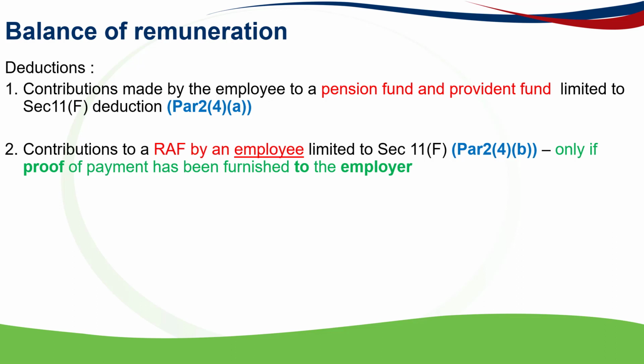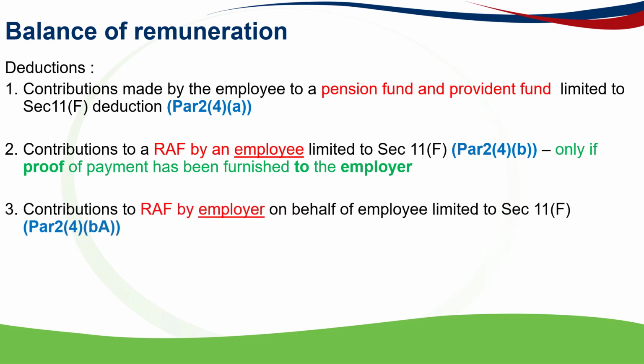However, if they are making contributions to a retirement annuity fund, then they need to provide proof to the employer that they are making their contribution for this deduction to be considered in their employee's tax calculation.